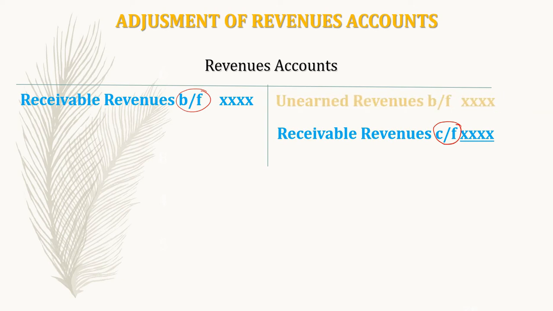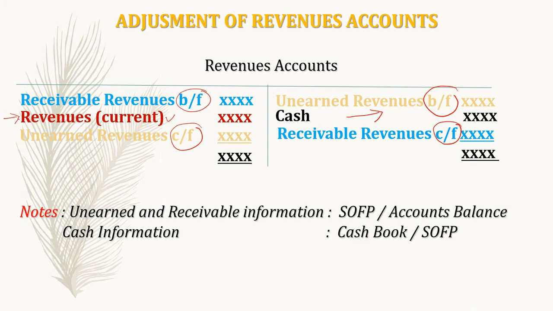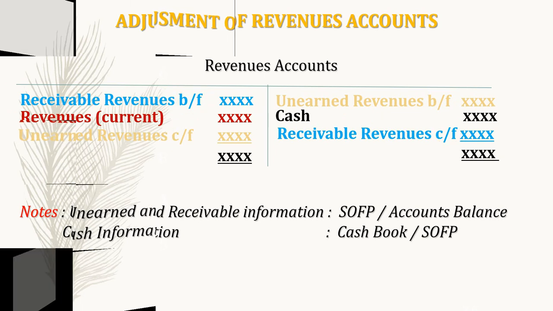But if it's unearned revenues, that means it is a liability, so the beginning balance will be on the credit side and the ending balance will be on the debit side. So the cash you receive is on the credit side. The amount that you are going to find to be put in your SOCI is actually on the debit side of the account. That is the current revenues, the one in red. Okay.